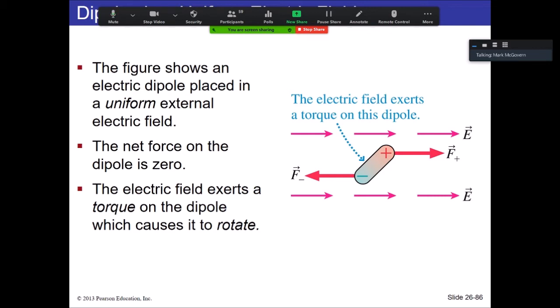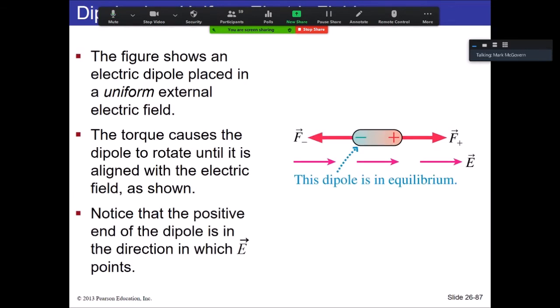However, if the dipole moment vector is at an angle with respect to the electric field, then while the forces are the same, there is going to be a torque exerted on them, as you see in the picture here. That will cause it to rotate, so that's something we'll need to consider here, the rotation of this.